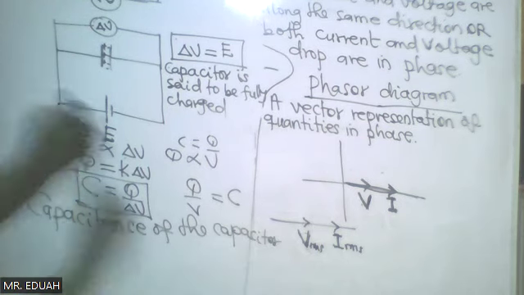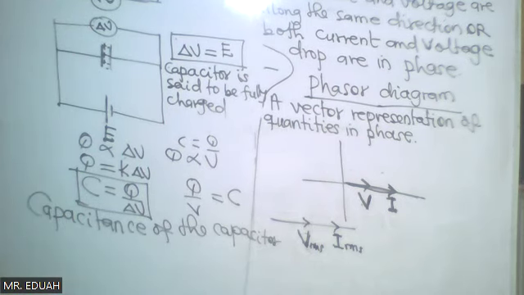The capacitance of the capacitor is a measure of the ability of the capacitor to store charges. Please, you have to put that down. The capacitance of the capacitor is the measure of the ability of the capacitor to store charges.